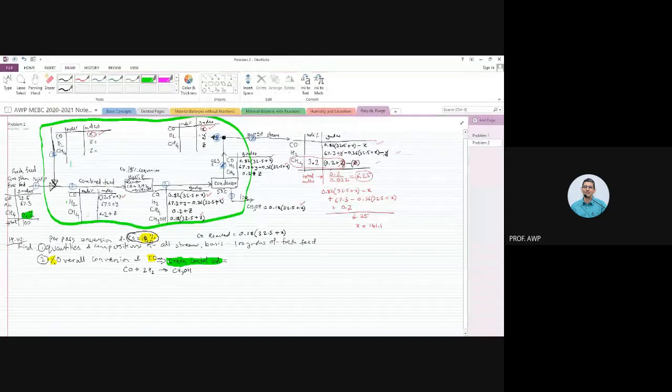There is no methane reacting in this control volume. There is no methane going out anywhere else except this purge stream, stream number 7. So this methane going out must be 0.2 gram moles. And 0.2 gram moles corresponds to 3.2 mole percent. So total moles must be 6.25.